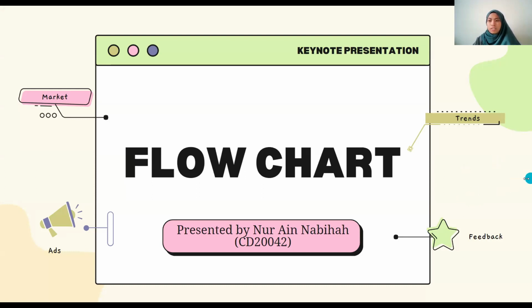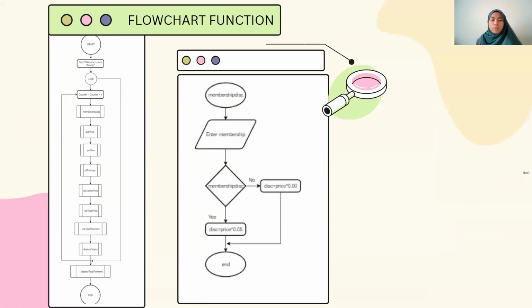So the flowchart will begin from the start. Then we go to print, welcome to Arya Beauty, and then we go to the loop, where the looping begins from here.